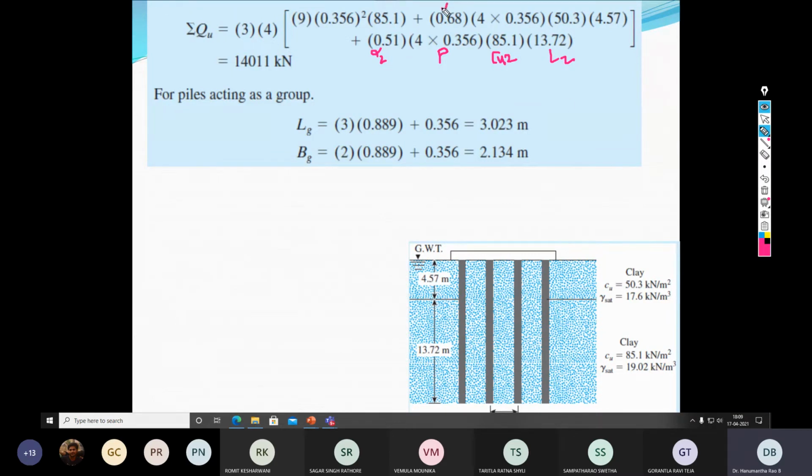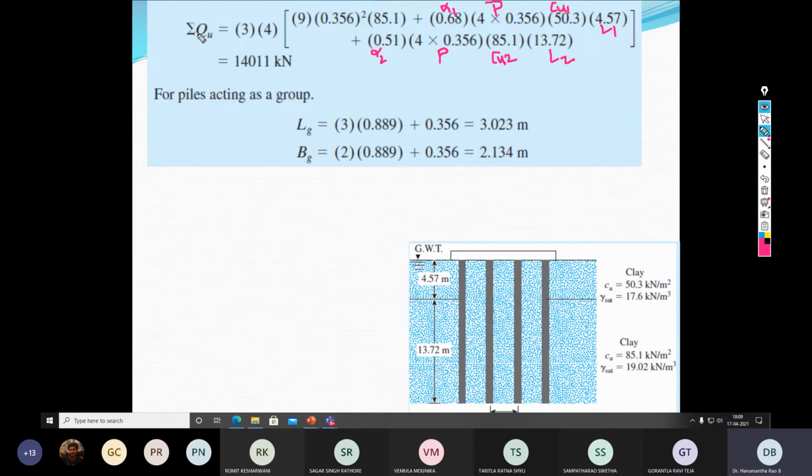So this is alpha 1 into perimeter P into Cu1 into L1. So substitute everything and calculate the pile group capacity, treating each pile as acting like an individual pile.